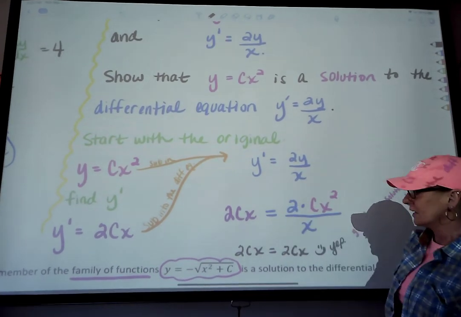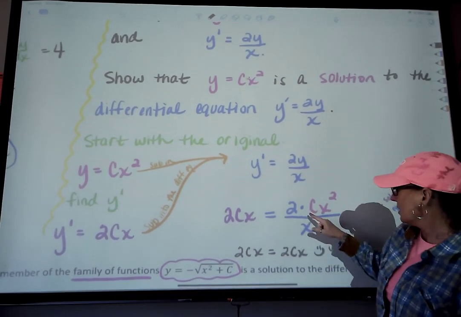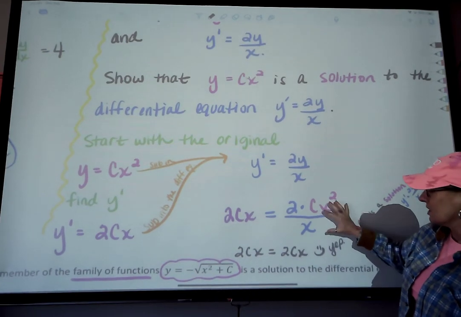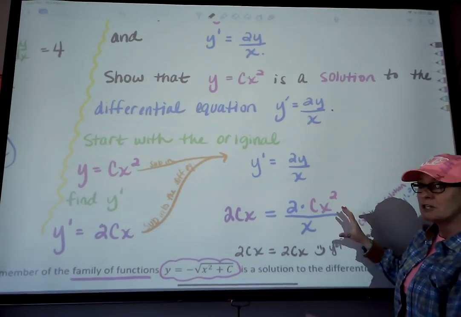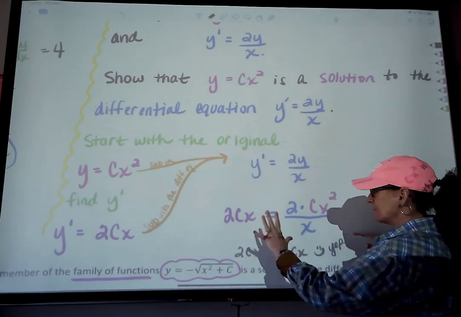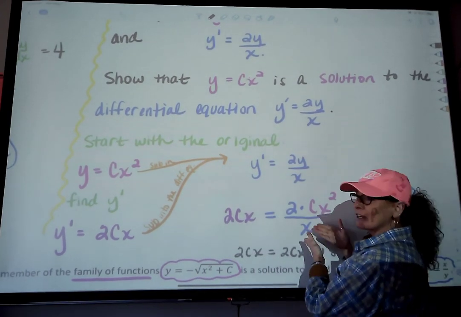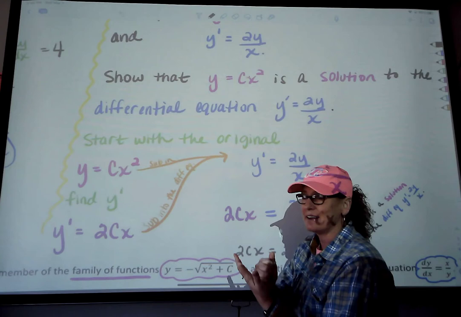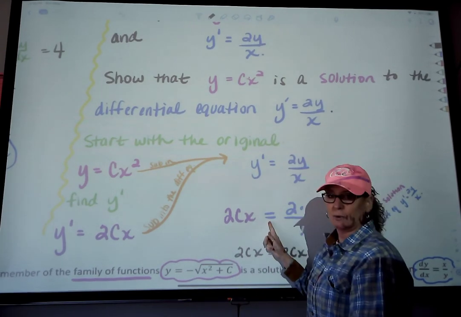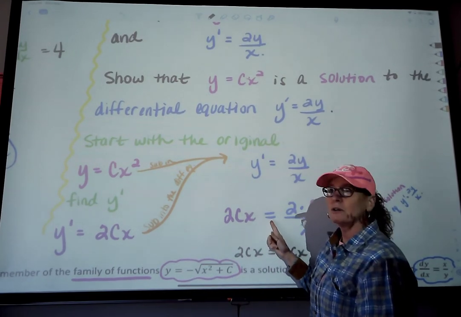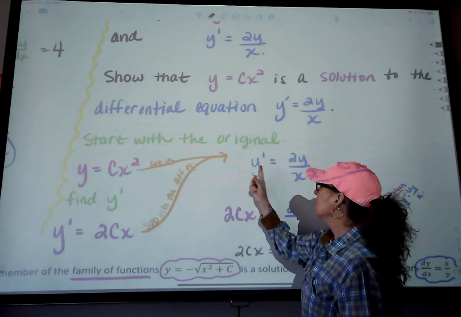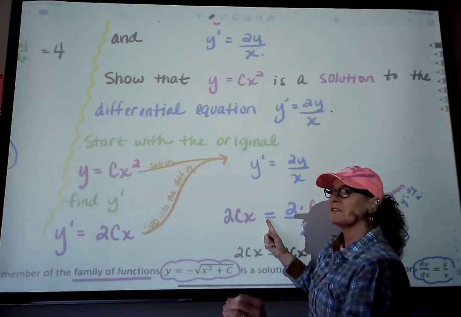And sure enough, when I sub in over here, here's what I'm not going to do. I am not going to multiply each side by x, because if I do that, I'm stating I know it's an equation. We're proving that this is an equation. We're proving that this is equal.